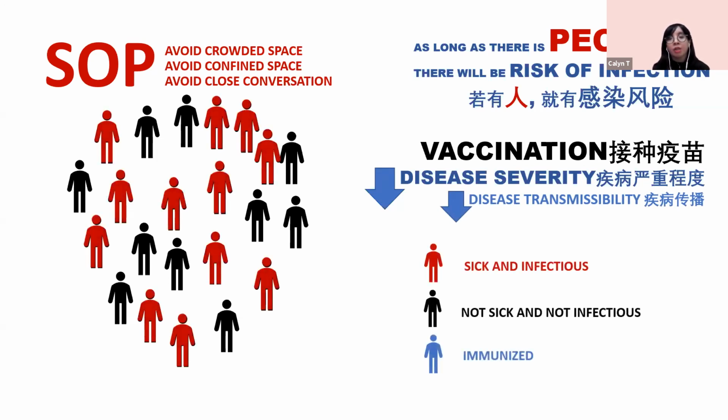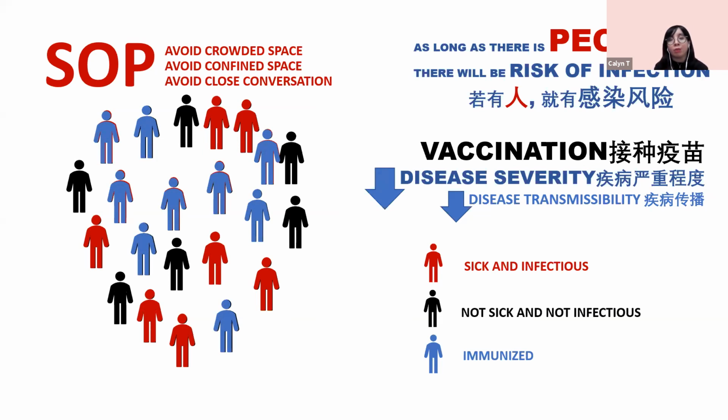So when we look at this, you have an environment with a lot of sick and infectious people, and you're more likely to get it because when you have contact with someone in the same space, you're more likely to get the disease. But if you have more people who are immunized, you have more people who have less severe disease. It means that you can have the disease, but maybe you don't have a severe disease, so you don't cough, you don't have symptoms, and you actually reduce the number of people who will be able to spread the disease and infection.